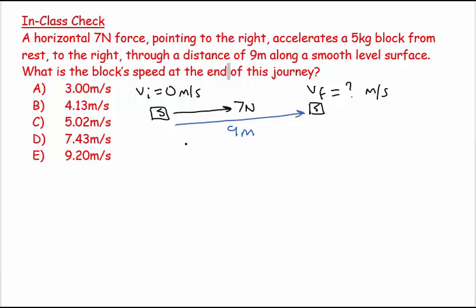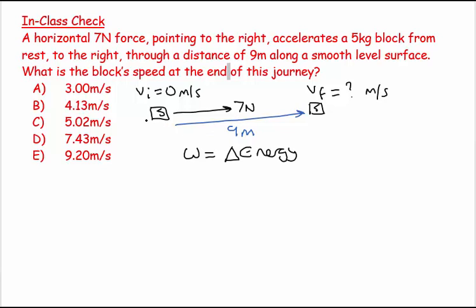So basically, I could approach this using kinematics. It's a constant force, meaning a constant acceleration, so I could use kinematics. But let's try using some of the newer ideas, and we're going to think in terms of work. So work is equal to my change in energy of the system.